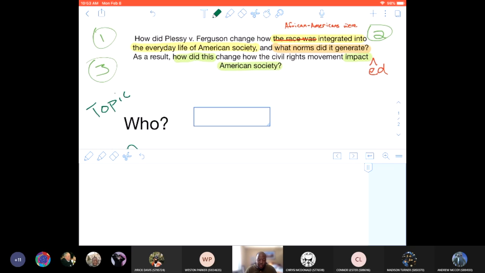Okay, so we know in this case that our who is really just Plessy v. Ferguson. It's not complex in this case. Sometimes it may be. Sometimes, just like we have three things here, you may say, how did laws such as the Civil Rights Act of this era and the Voting Rights Act of this era? So your who may be complex. You're identifying different things. We've already identified it. We're only really talking about Plessy v. Ferguson here.